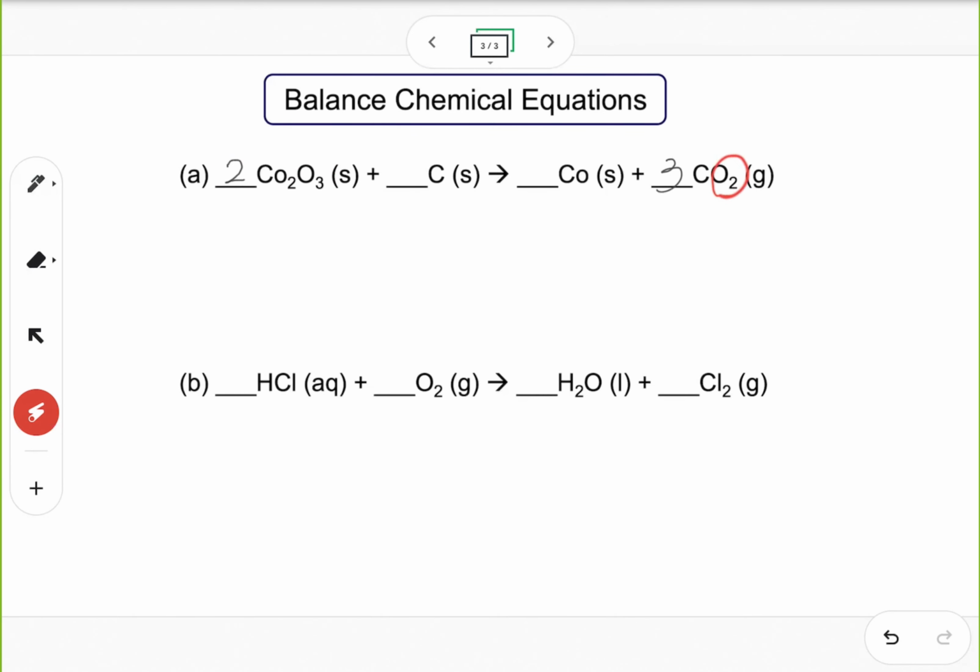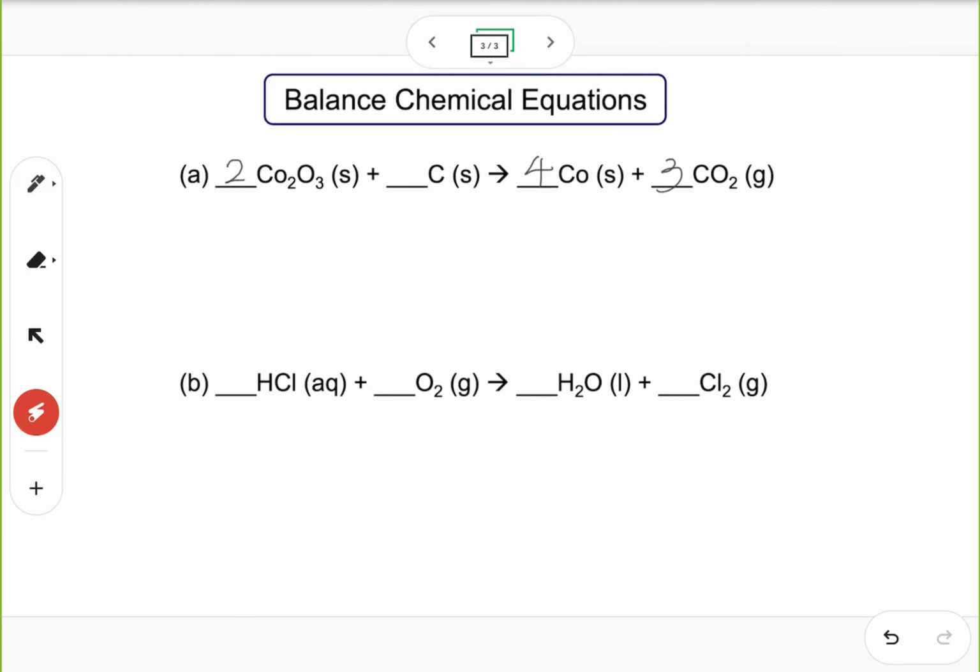So now oxygen is balanced. Then let's worry about the other reactants or products. Now you have a total of 4 cobalt atoms, 2 times 2, and you have only 1 cobalt atom on the product side. Therefore, you can add 4 in front of cobalt to make the product side have 4 cobalt atoms. Now cobalt is balanced.